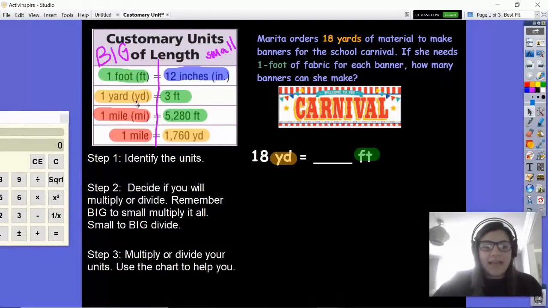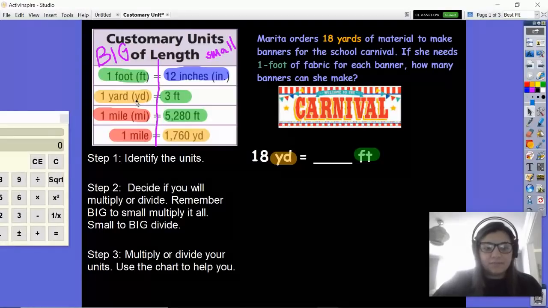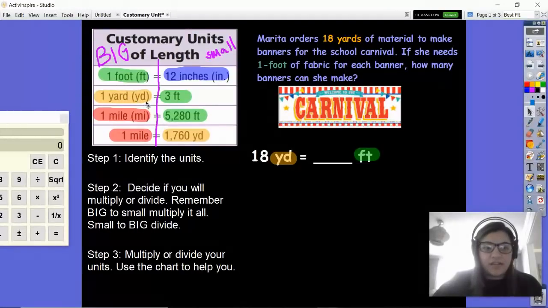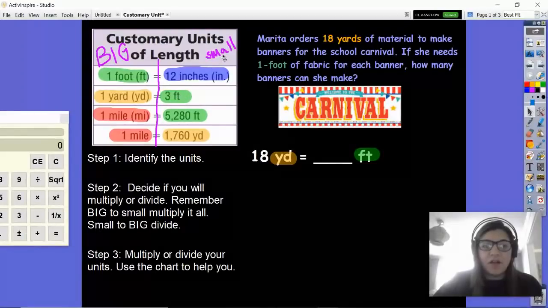So when I say identify your units, I want to know, is yards bigger or smaller than feet? I can see yards is on the big side, feet is on the small side, so yards is going to be bigger than feet.